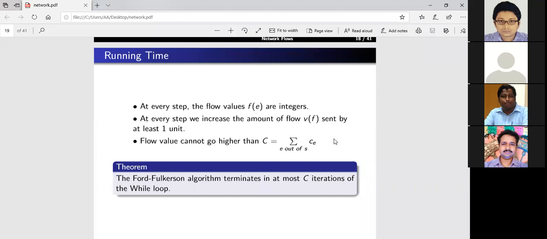We are talking about this because there is a problem. If the values are integers, fine. If the values are rational numbers, all you have to do is multiply all values by the LCM of the denominators, so that everything becomes integer.